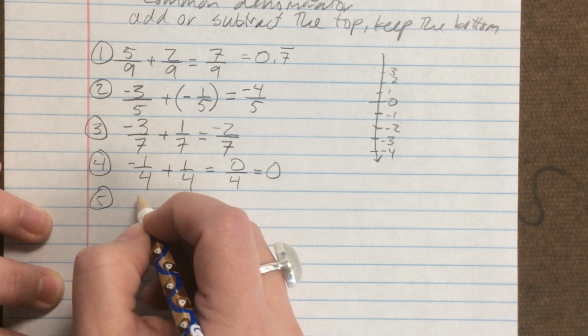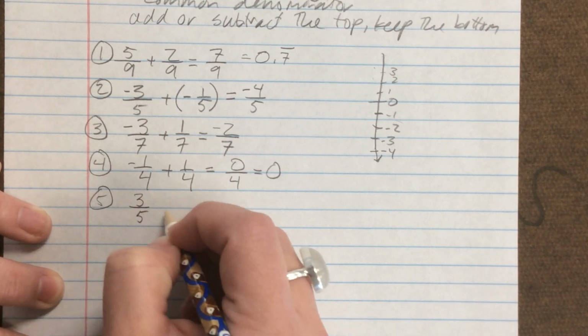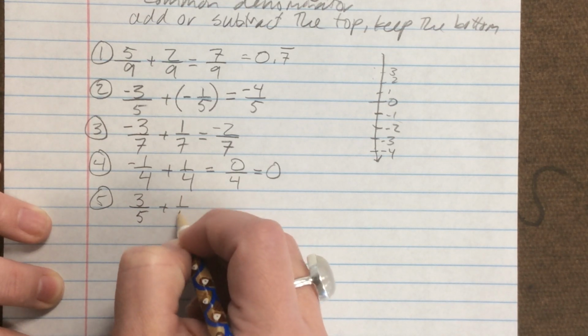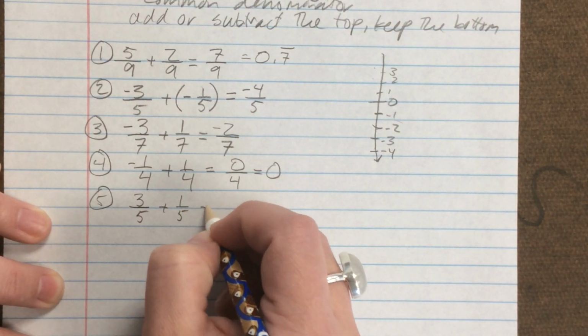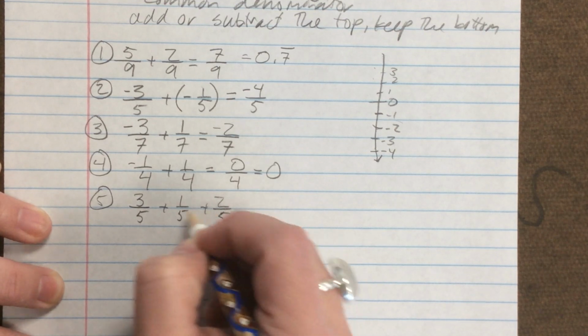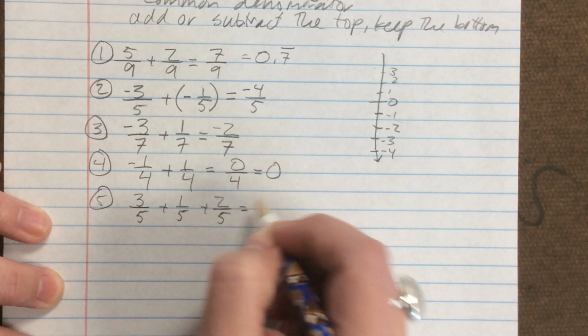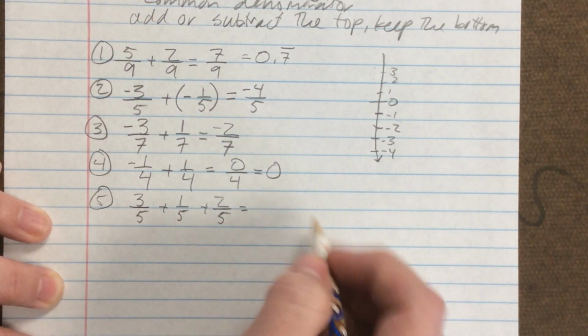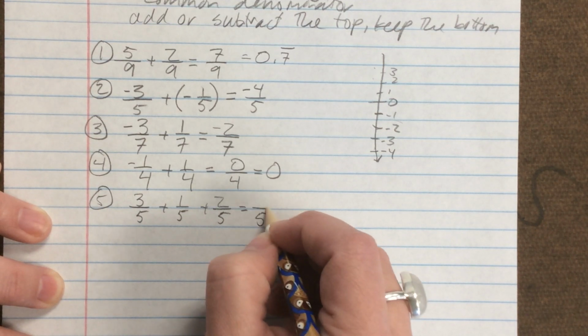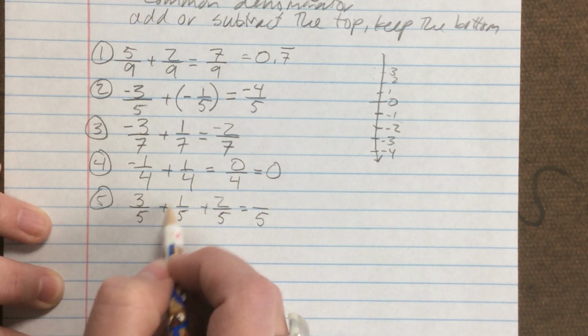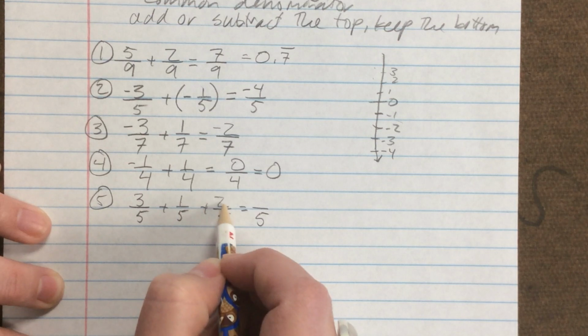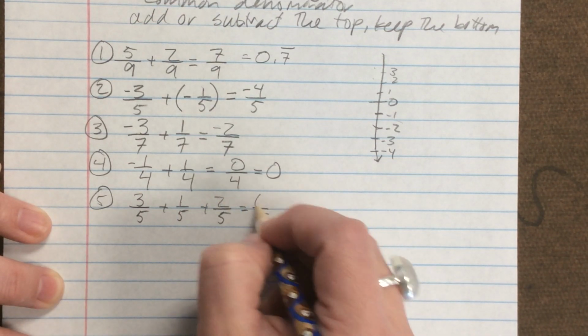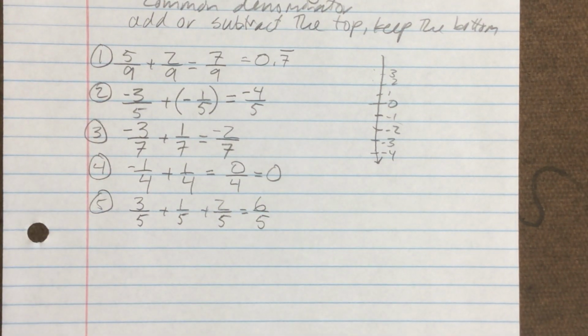All right, here we've got 3/5 plus 1/5 plus 2/5. We can add multiple fractions together. We have a common denominator, so the denominator is going to stay the same. And on top, we've got 3 plus 1, which is 4, plus 2, which is 6. Now, here's the thing.